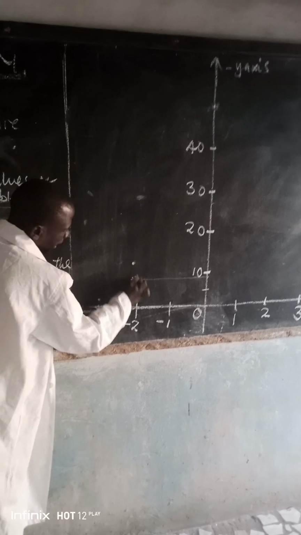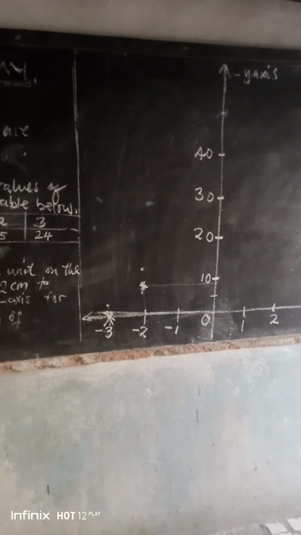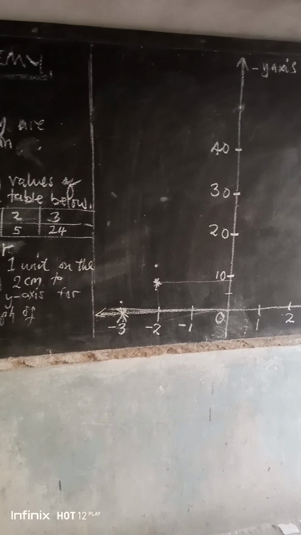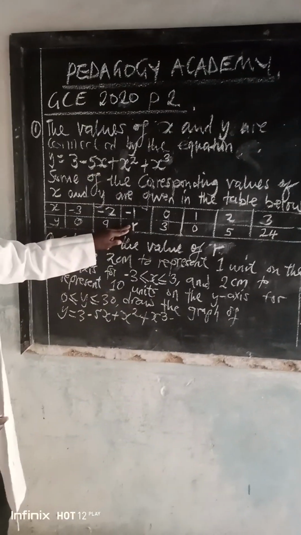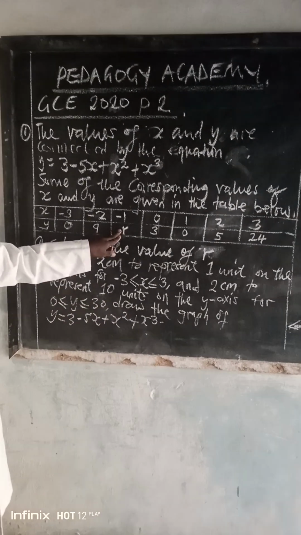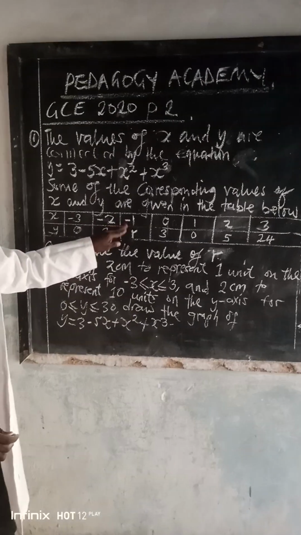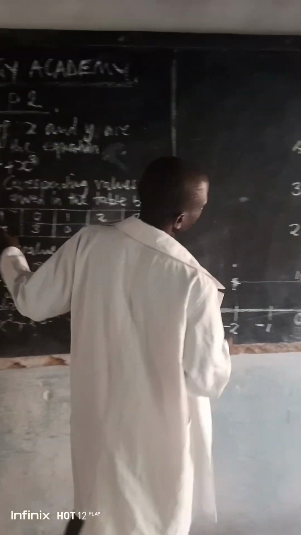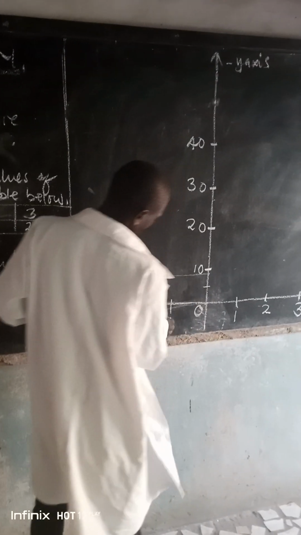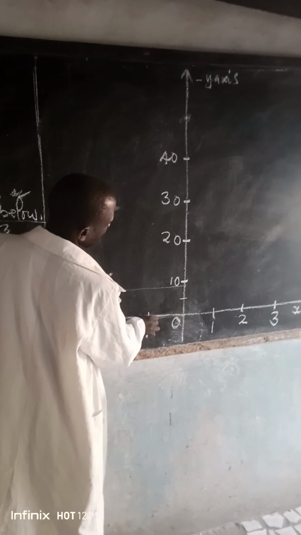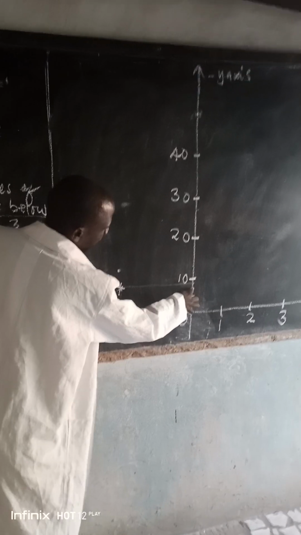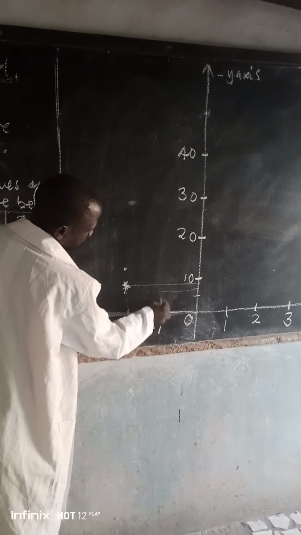Where they are meet, you mark. And then -1 comma 8. So -1 comma 8. 8 is below there.